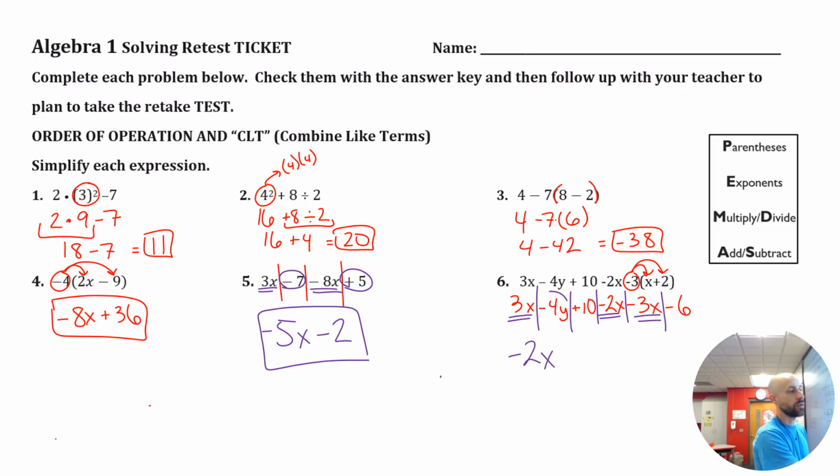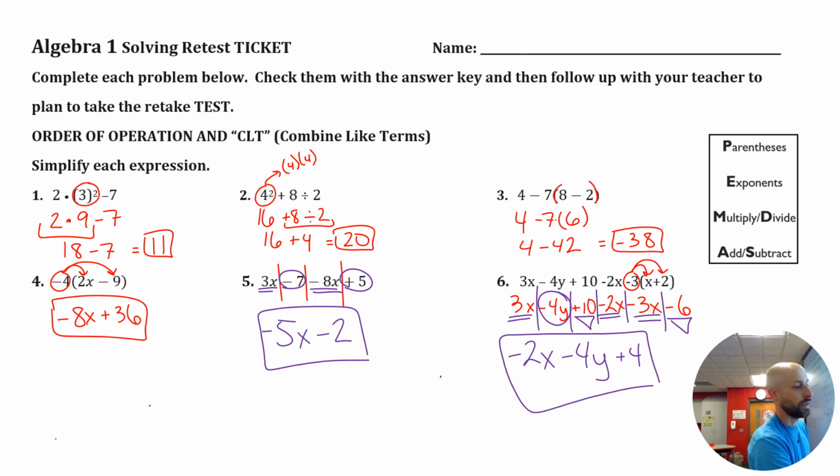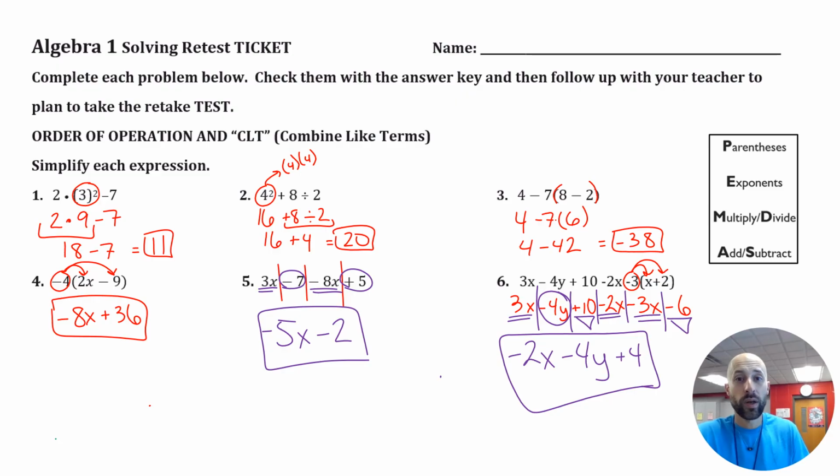And then this is the only y term I see, so that's just negative 4y. And then I do have a plus 10 and a minus 6, so 10 minus 6 is positive 4. And that's as far as I can go. Those are all the like terms that I've combined together. Okay. Go ahead and move on to the next section when you are ready.